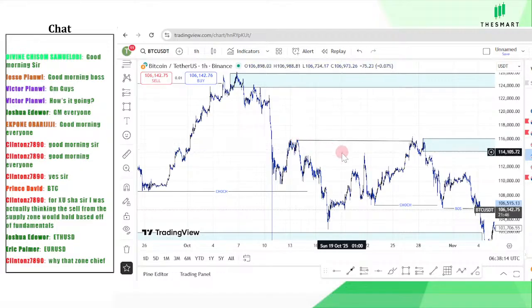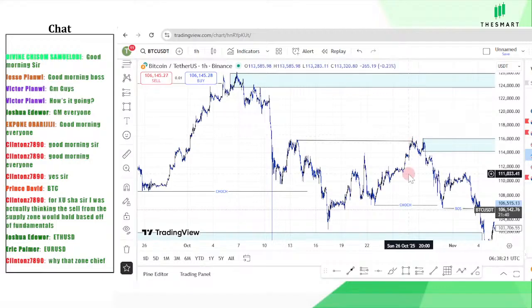If I want to look for a sell, market should sweep this high. As of that Monday, the market broke above this, and we were looking for a buy from this low, from this zone. Market didn't fill our buy order at first.